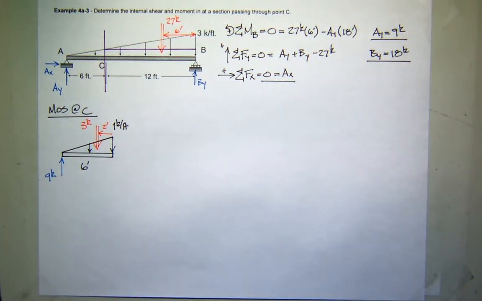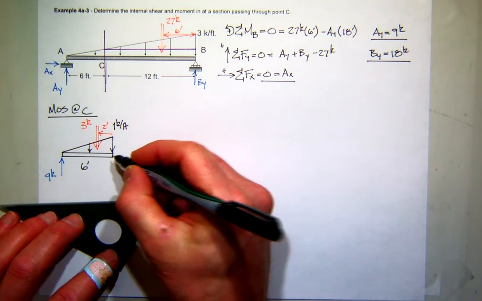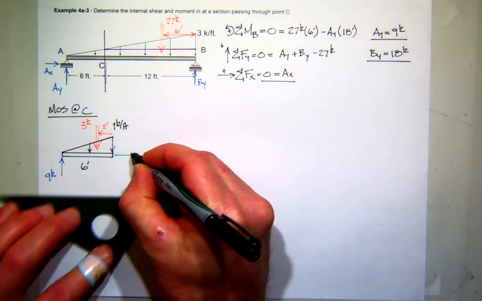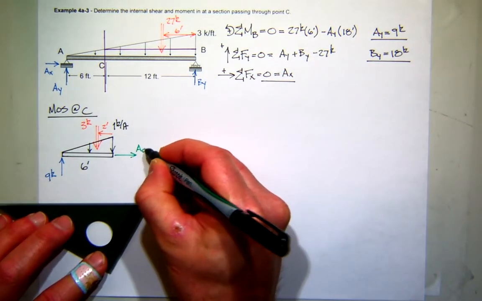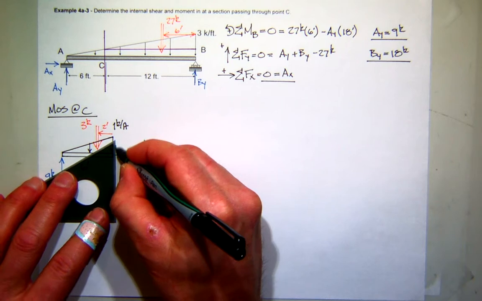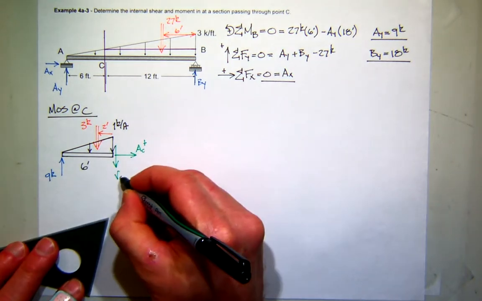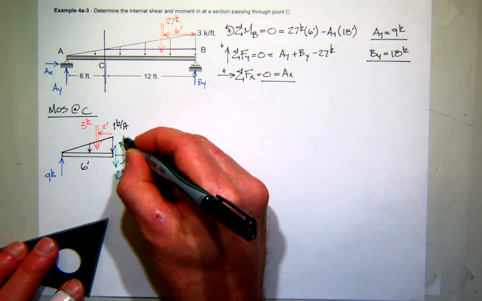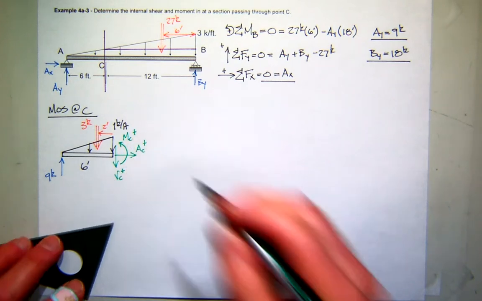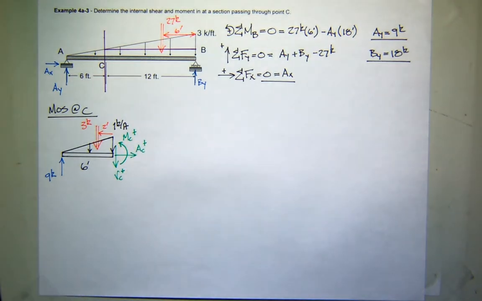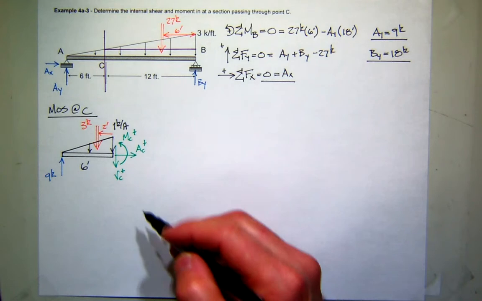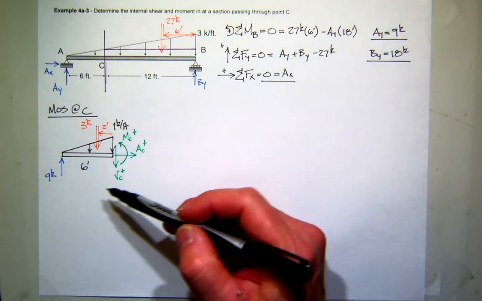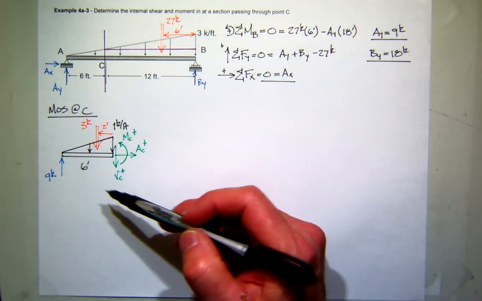So now, at my cut surface at C, I have my axial force at C in the positive direction, my shear at C, positive direction, and here's my positive bending moment at C. And then there's my free body diagram. So for me, working these problems, this is at least half the problem to 2/3 of the problem.